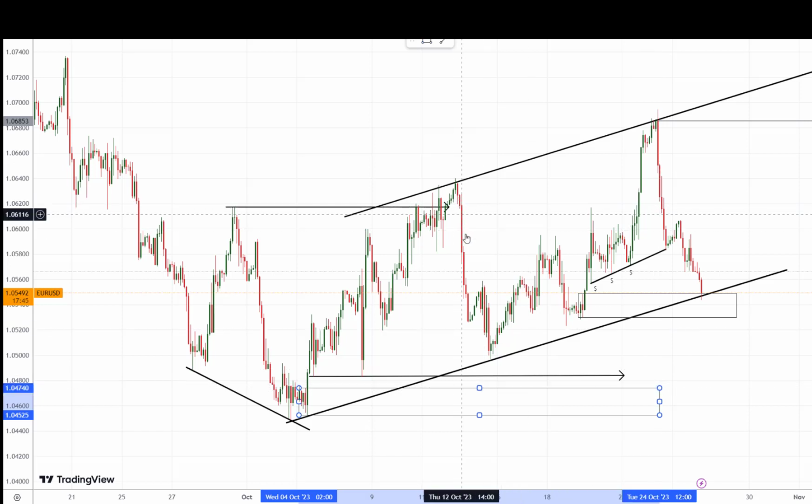So I expected that price would come, hunt the stop loss, the liquidity below these two equal lows, enter the OB, then push up so that I could target my first target at around here. But then you can see price came, never did that.